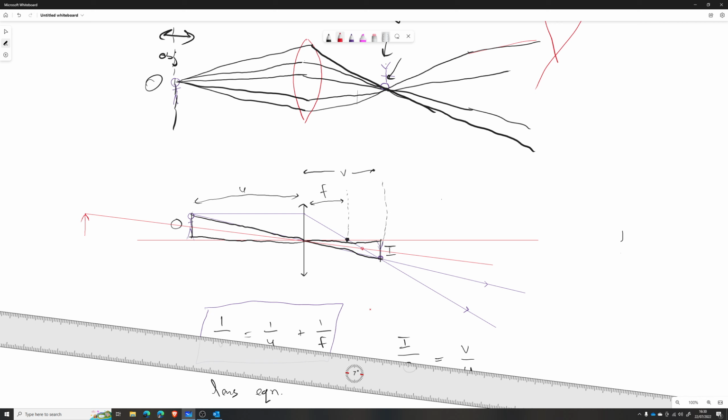So if I have my eye somewhere over here simply looking at these images, my eye will just think that's where the light has come from, and it will happily refocus itself to suit either this point or this point.